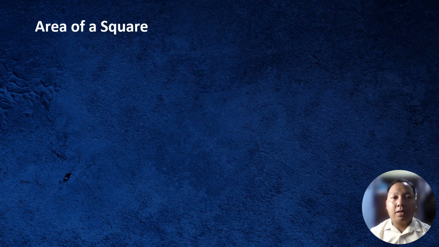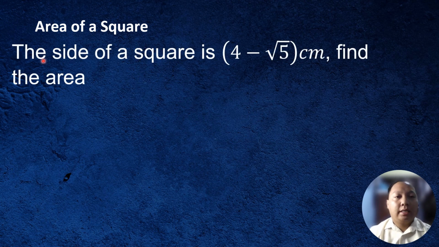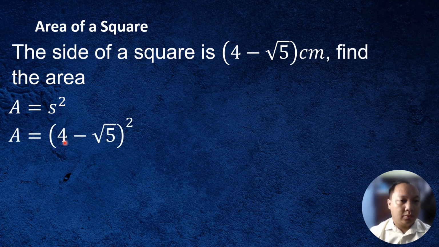One of the typical problems involving radicals is the area of a square. So for example, the side of a square is quantity 4 minus square root of 5 centimeters. Find the area. Now, the formula for the area of a square is s squared, where s is the side. Now, we substitute.